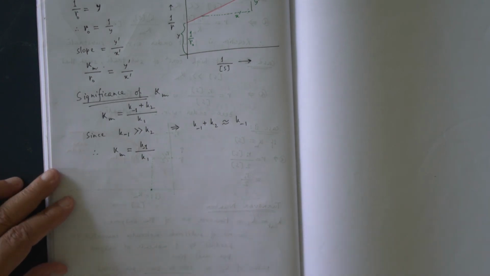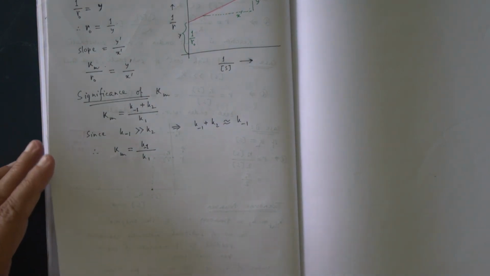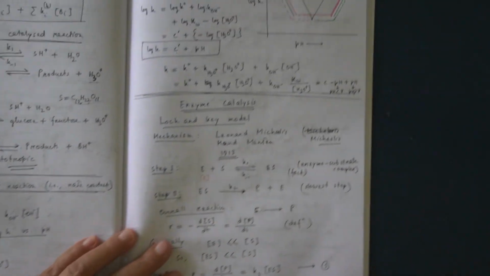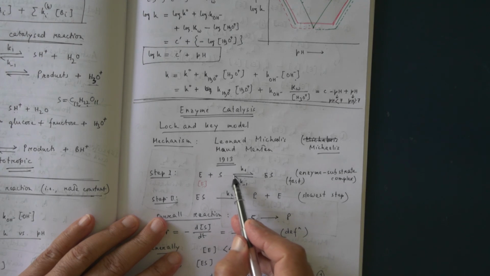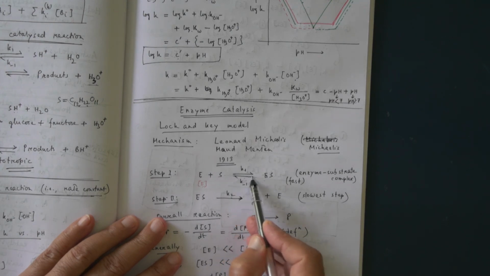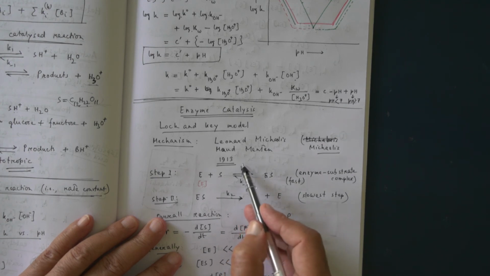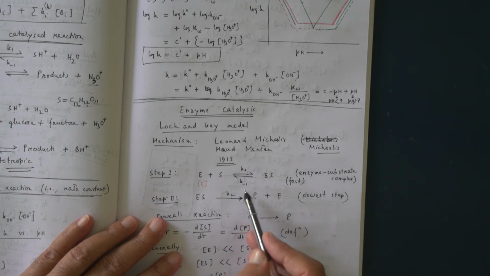Okay, now for this equilibrium we can write equilibrium constant. What is equilibrium constant? Rate constant of the forward direction divided by rate constant of the backward direction.